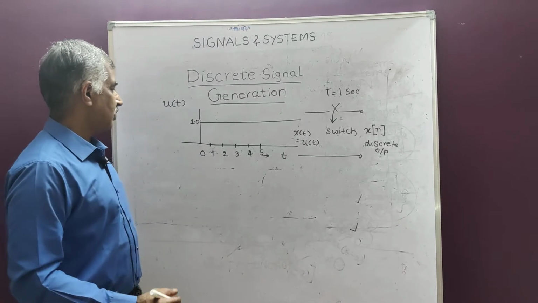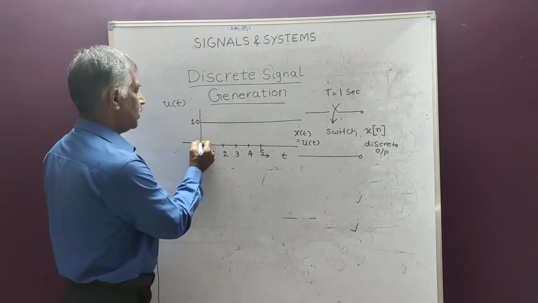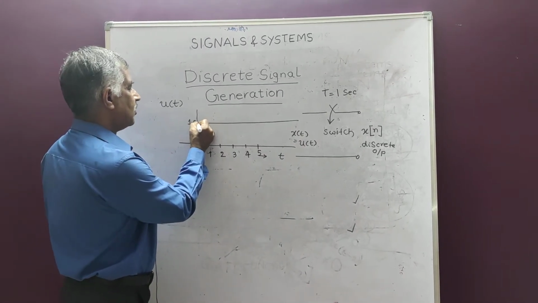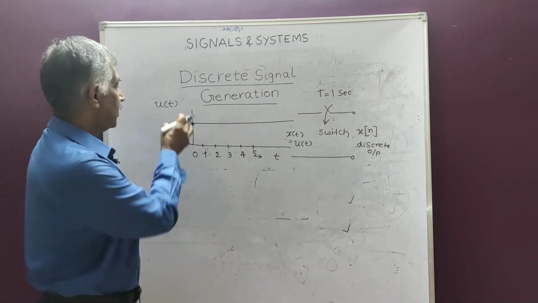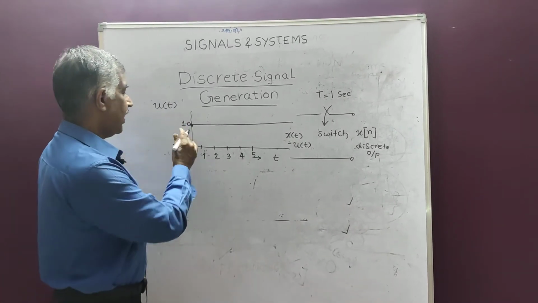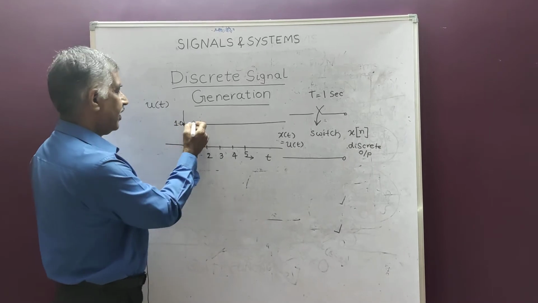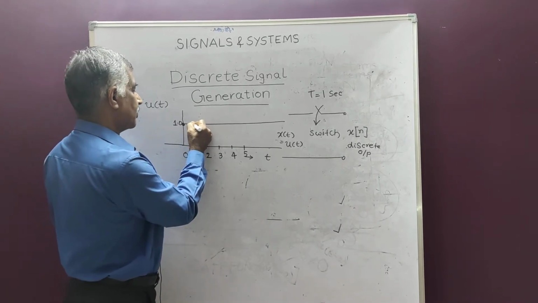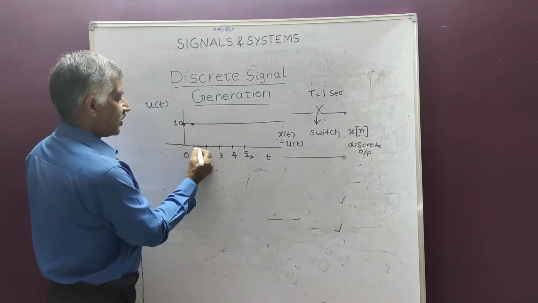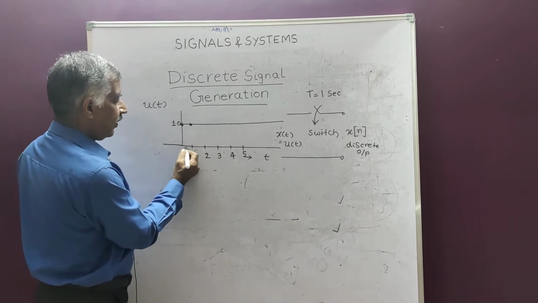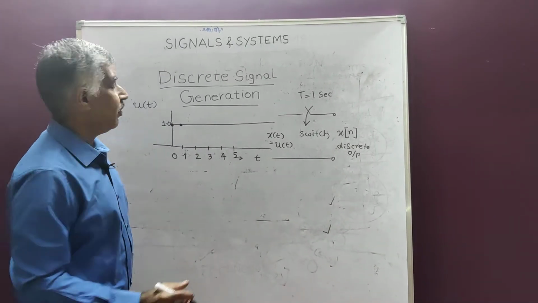Now what happens first? First at t equal to 0, this value is captured. Next, after 1 second, this value is captured. Next, in between 0 and 1, the value is 0.